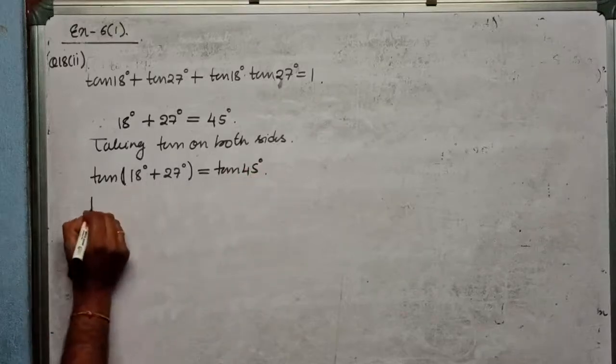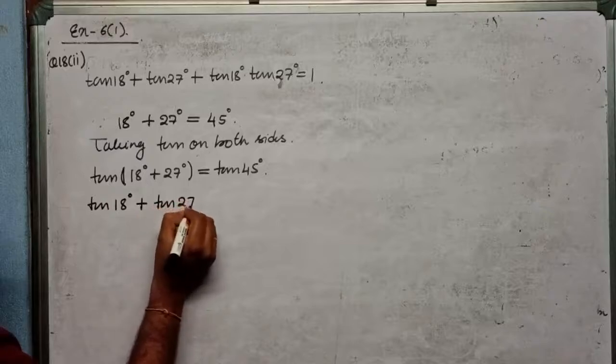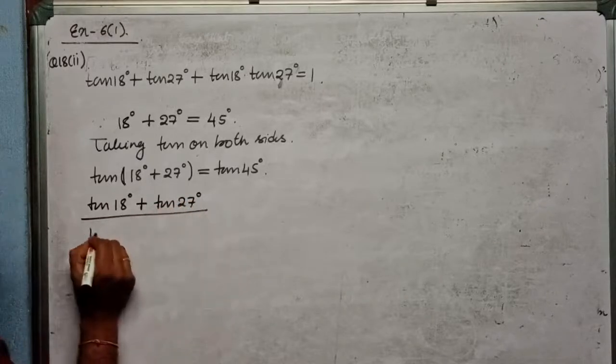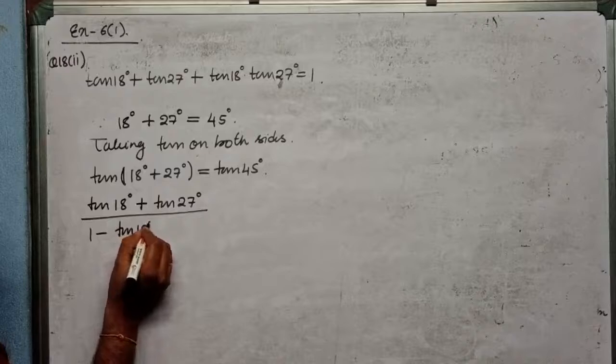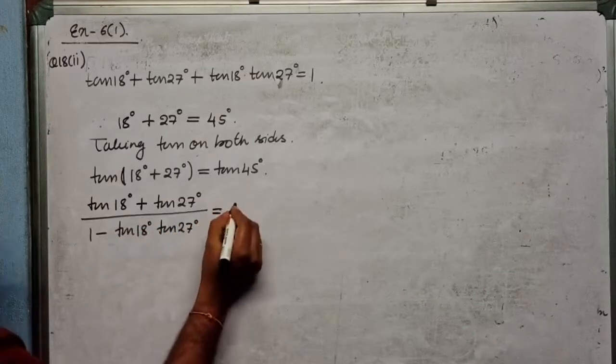Tan A plus B formula: tan A plus tan B over 1 minus tan A tan B equals the value of tan 45, which is 1.